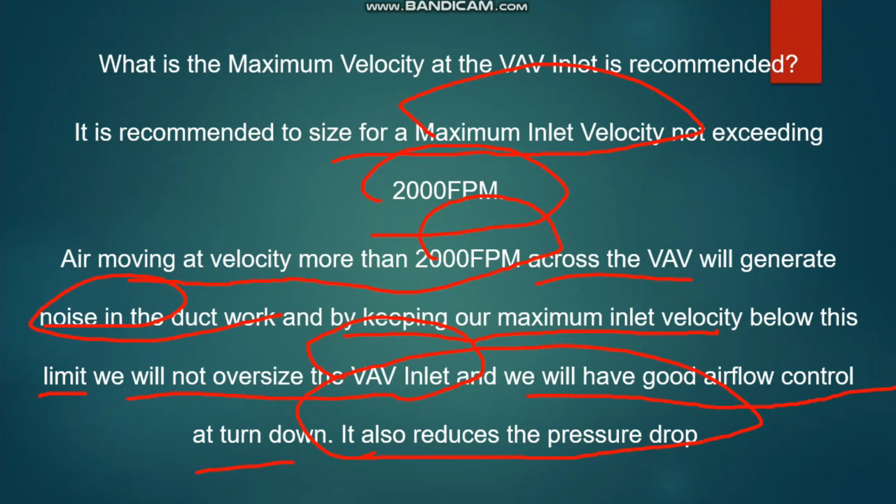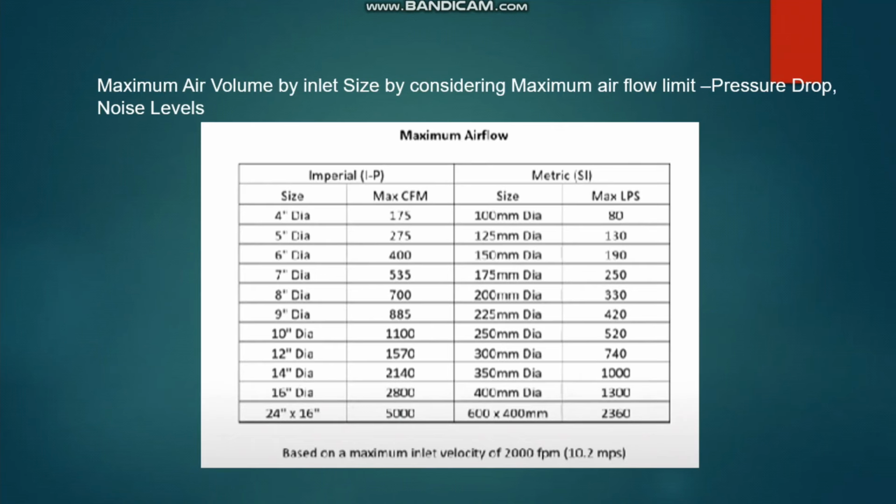So the question is, what is the maximum airflow? As discussed, the maximum air volume by inlet size is determined by considering the maximum airflow limit, pressure drop and noise level. If you follow 2000 feet per minute as the maximum velocity, you get this answer: for 4-inch maximum 175, for 5-inch 275.